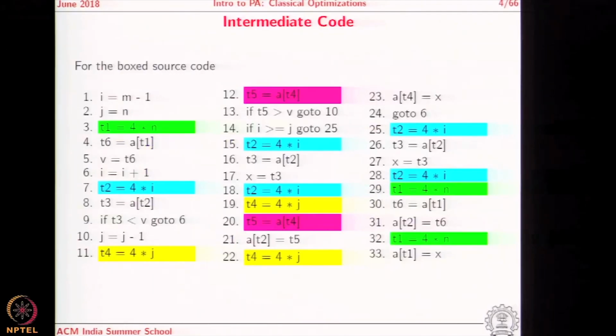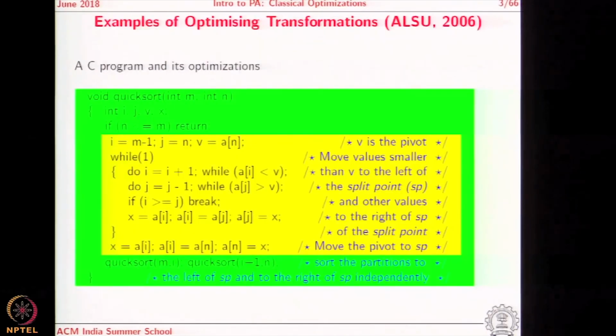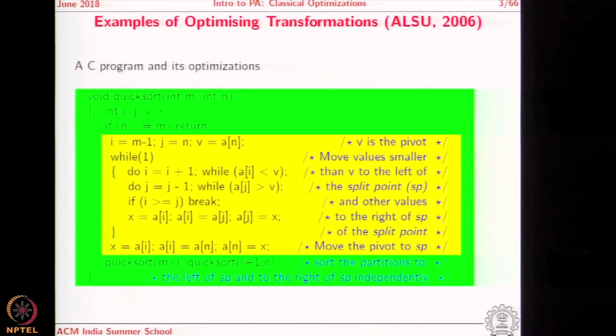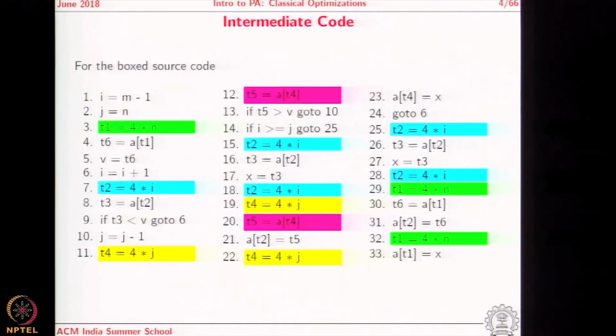So, this is how the intermediate code corresponding to this yellow box looks like. So, we have i is equal to m minus 1, j is equal to n. Let us look at these first three assignments. How do they get represented? i is equal to m minus 1 appears pretty much as it is, j is equal to n, and then the next assignment v is equal to a of n gets translated into T1 is equal to 4 star n.